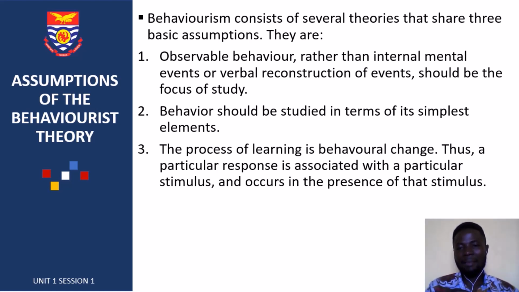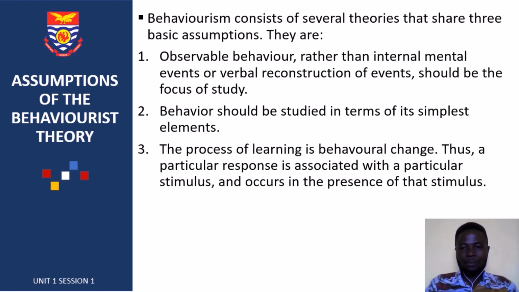Second, behavior should be studied in terms of its simplest elements. And third, the process of learning is behavioral change. Okay, so with this third point, what we mean is that if you take a cane to class, then students remain silent throughout the class.